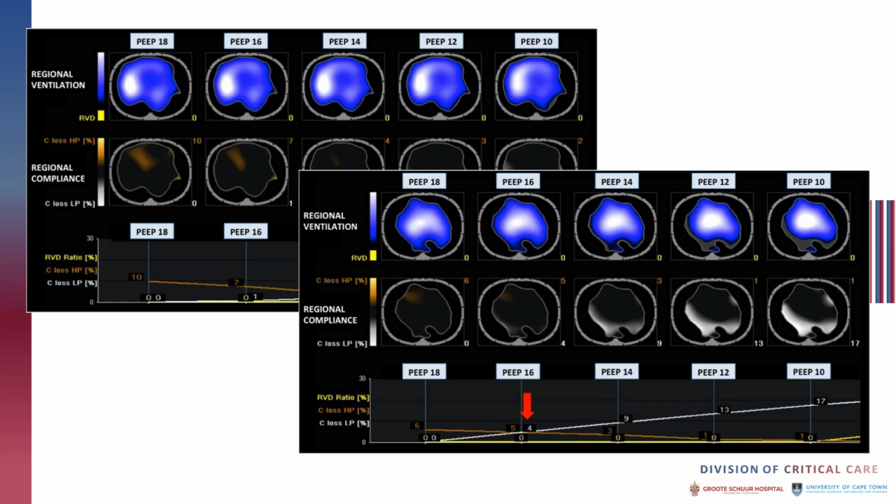And the changes in compliance are represented in orange, where you see the dark orange areas.